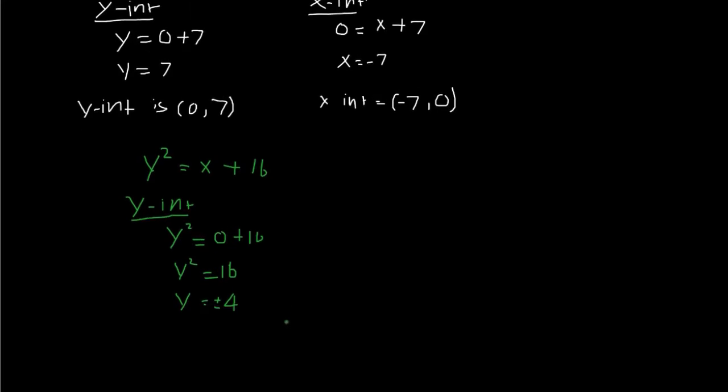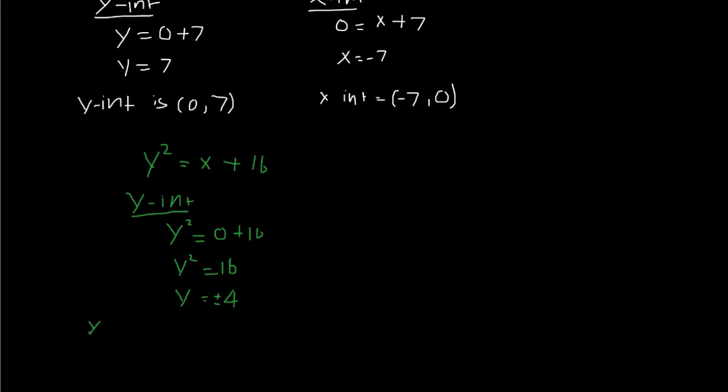Therefore, we can say the y-intercepts are: first one x equals 0 and I will write down -4, and x equals 0 and positive 4. These are the two intercepts of y.